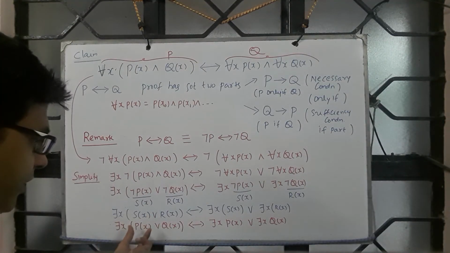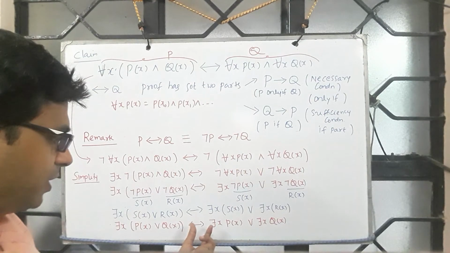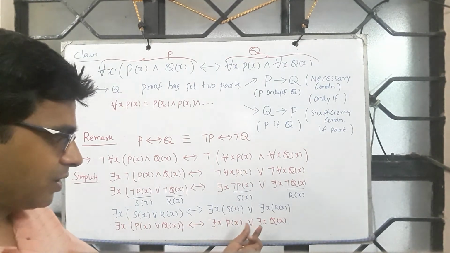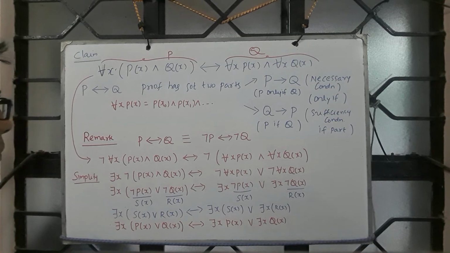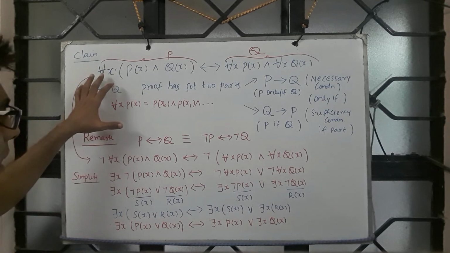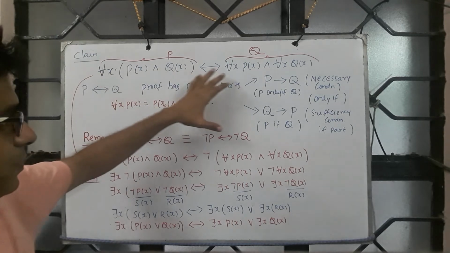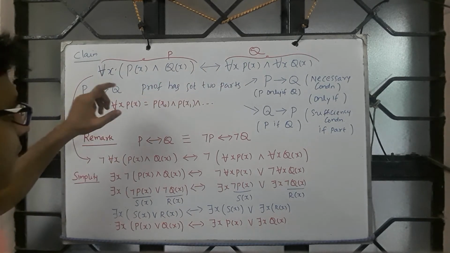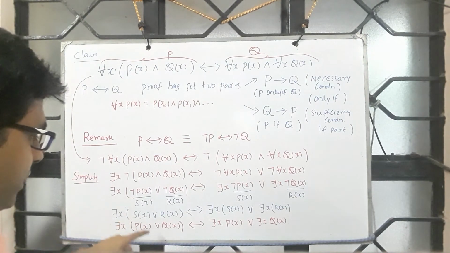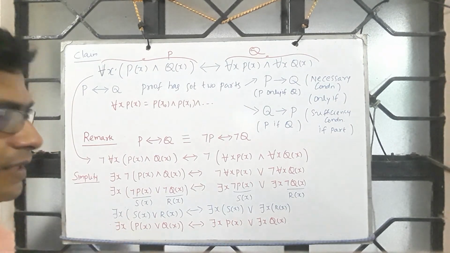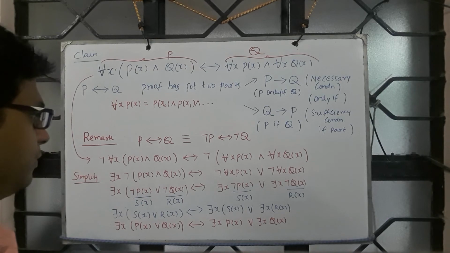So there exists x, P of x or Q of x is equivalent to there exists x, P of x or there exists x, Q of x. So now we want to know whether a variant of this, suppose I bring or over here, is this true? And suppose I bring and over here, is the claim true? Which we shall see now.